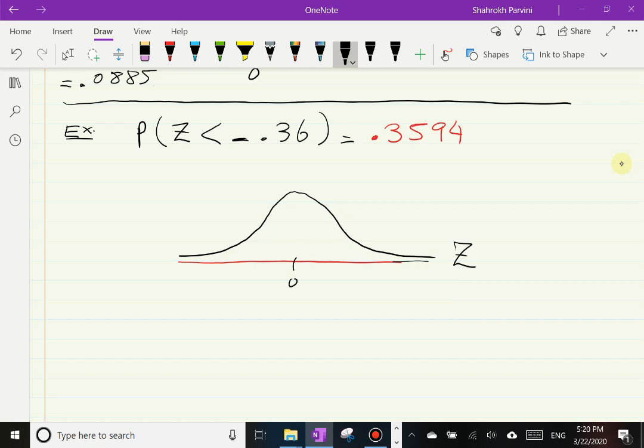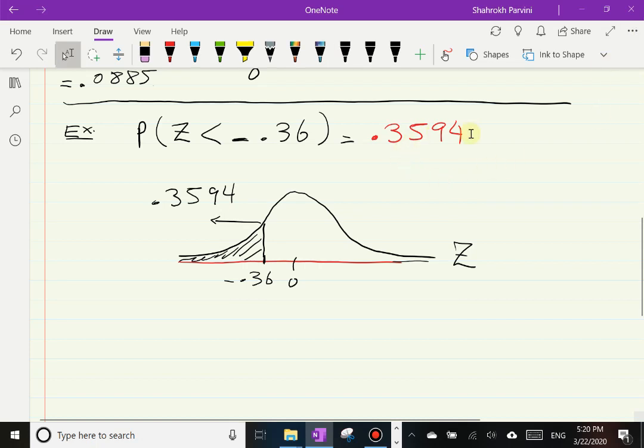Now to the left of negative 0.36, that's negative 0.36. The area to the left of that is right about here. And that area we found it to be 0.3594. Now note, by the way, there is no correlation between the number here and the number in here. They just so happen to be pretty close. Yeah, maybe I should have picked a different number.